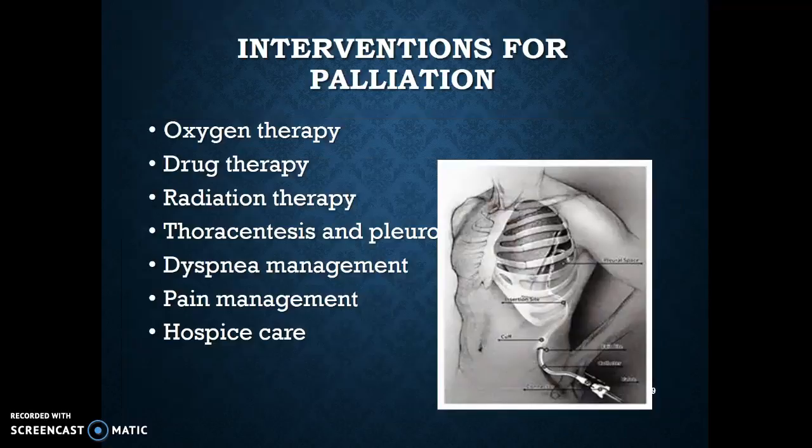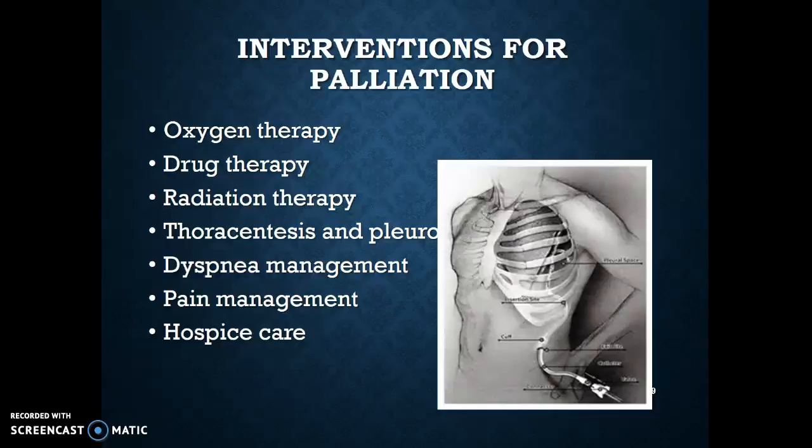Obviously, when we spoke about lung cancer and non-small cell being a huge percentage of cancers that are found at very late stages, this means that often palliation, meaning trying to make the situation comfortable for the patient, is the goal of therapy.